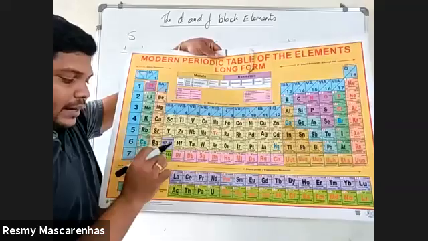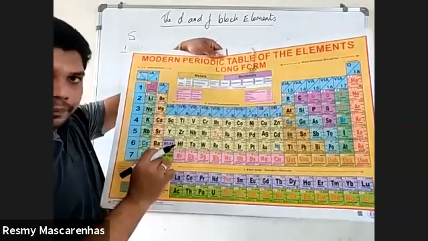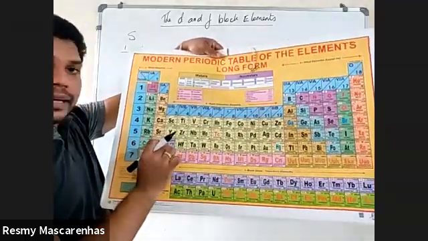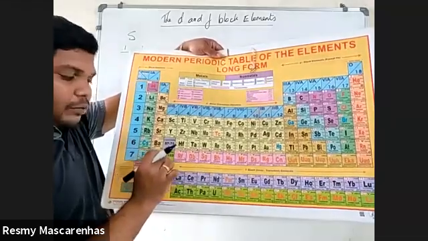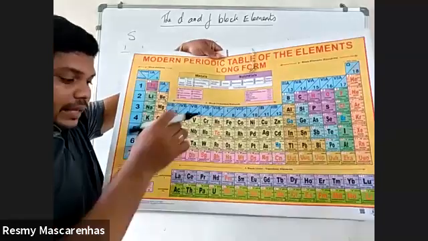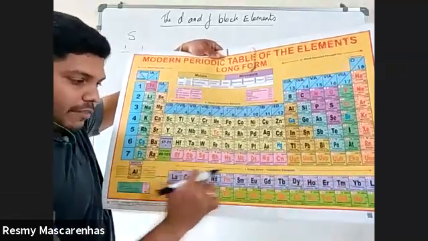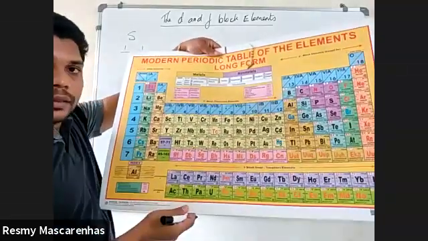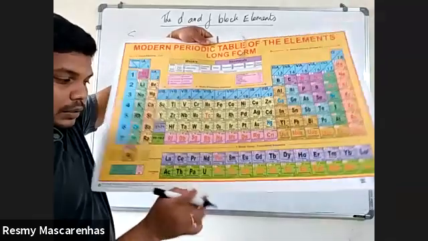So because of this, lanthanide and actinide actually come here. That is, 57 to 71 is lanthanide and 89 to 103 is actinides. But as it would be extended, they have written it down. So this is your F block element.